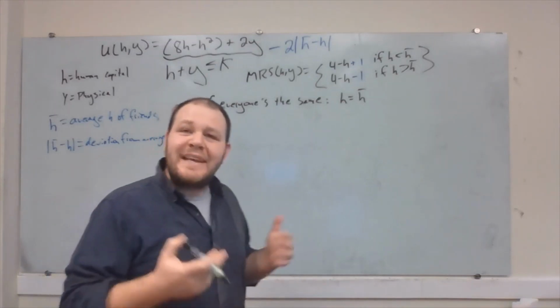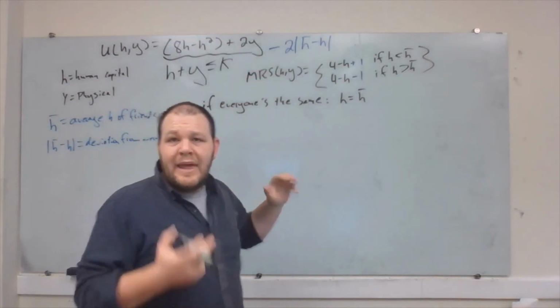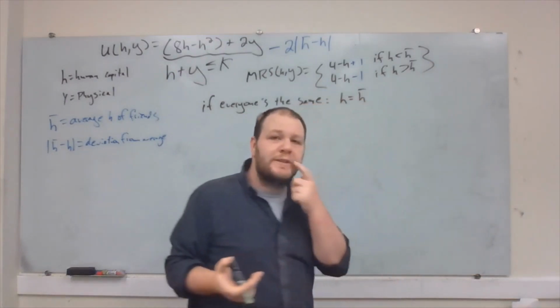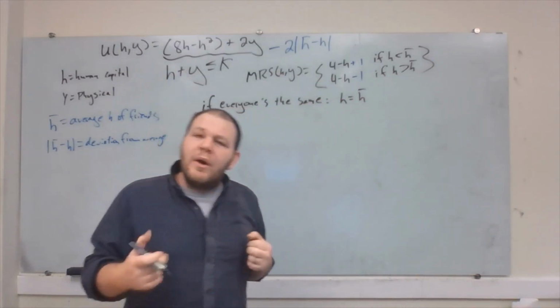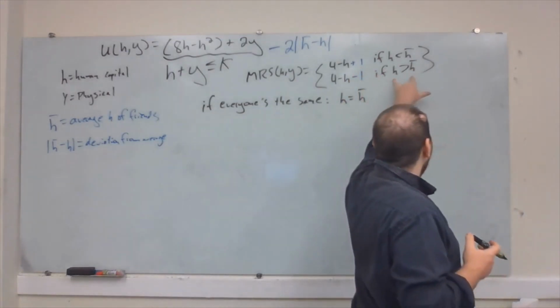Because everyone's going to make the same choice. Since everyone's got the same choices, everyone makes the same choice, then that choice has to end up being the average choice.